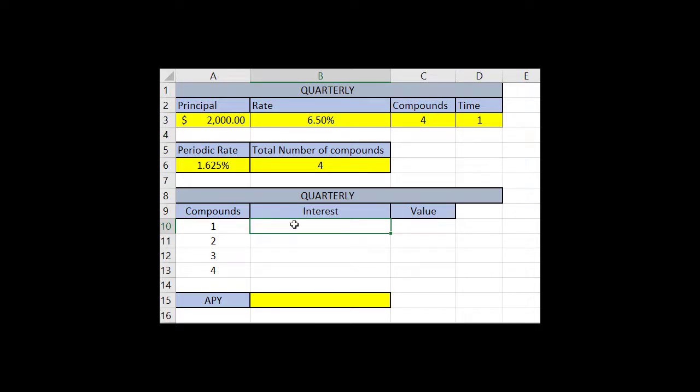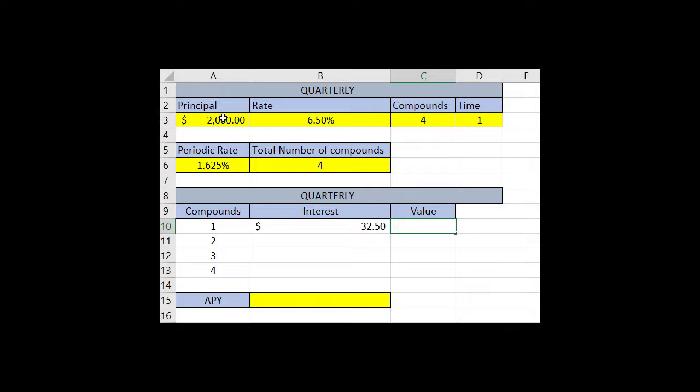So we have $2,000 right now, and after 3 months we're going to get some interest. We're going to calculate the interest by taking the $2,000 and multiplying it by the interest rate. We're going to lock that cell up because we don't want the interest rate, the periodic rate, changing. So after 3 months, we get $32.50 in interest.